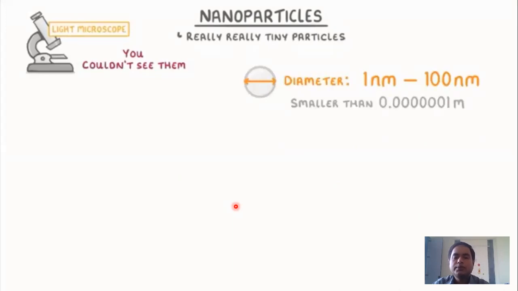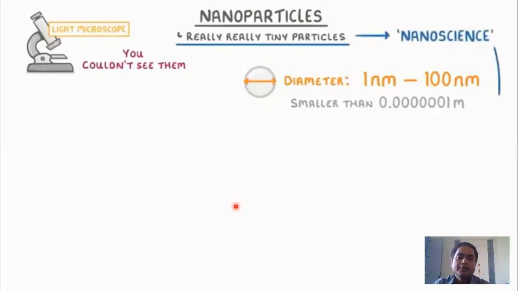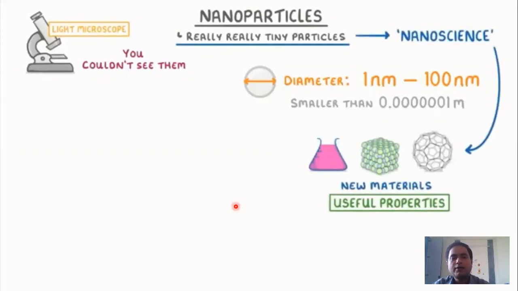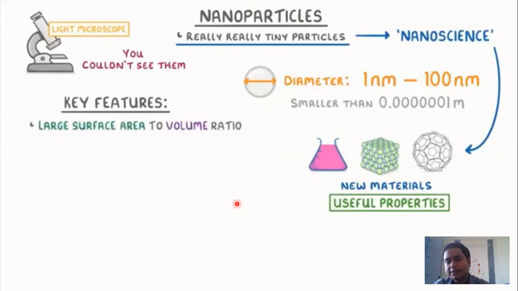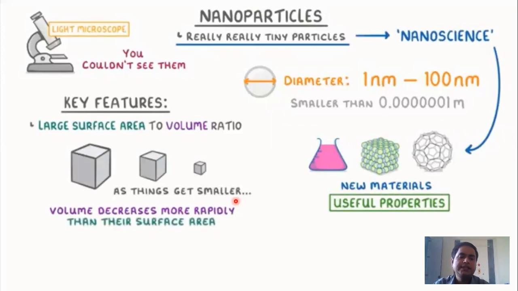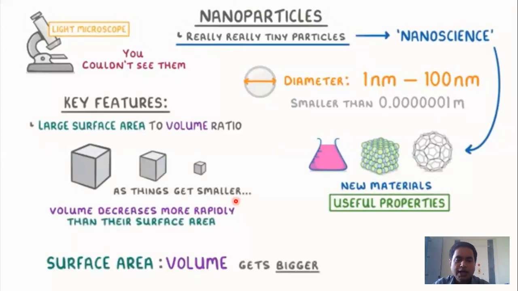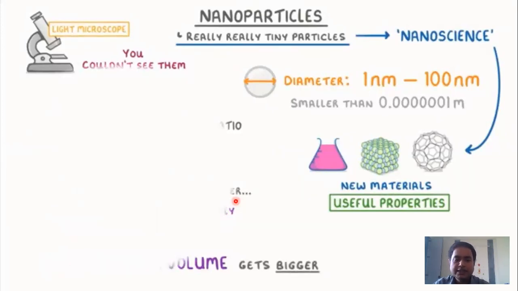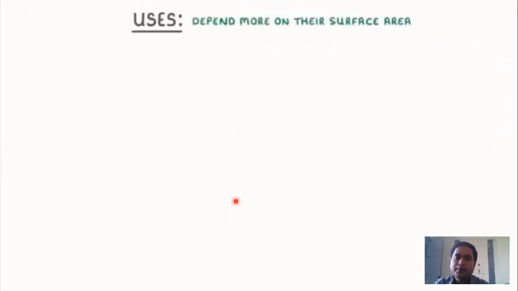We can also synthesize nanoparticles, and they cannot be visualized using a simple light microscope. The study of nanoparticles is called nanoscience. There are several types of nanoparticles that have useful properties, and their key feature is a large surface area to volume ratio. As the volume decreases, the surface area increases, which is the basic principle of nanoparticles.